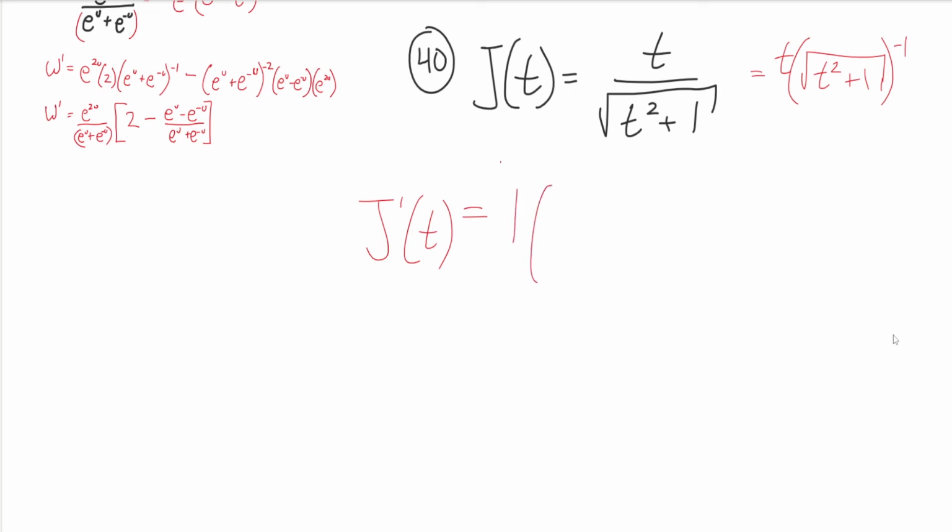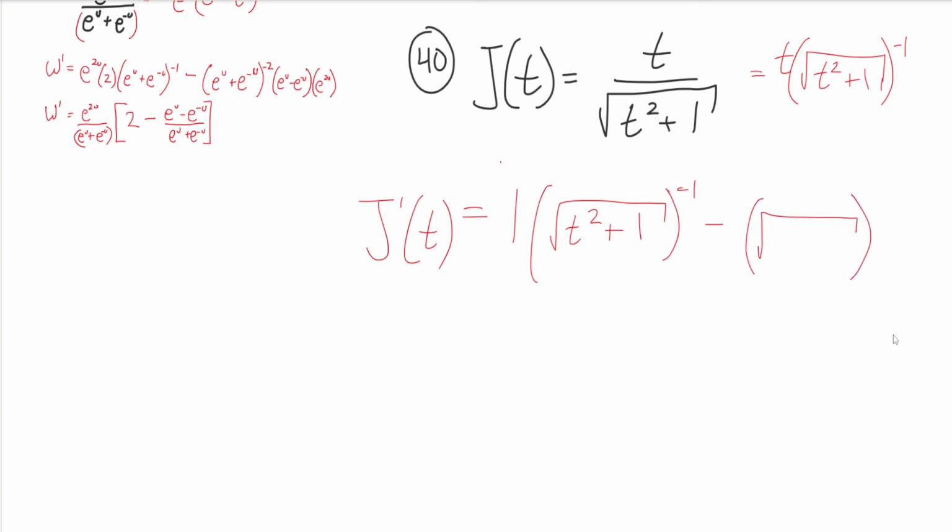Derivative of the first times the untouched second one. Boom, boom. And then this always becomes minus, so I put a minus here. It's because this -1 is going to come down when we take the derivative of it in our second term. So let's just do that right away.